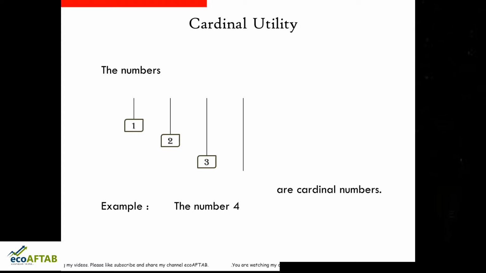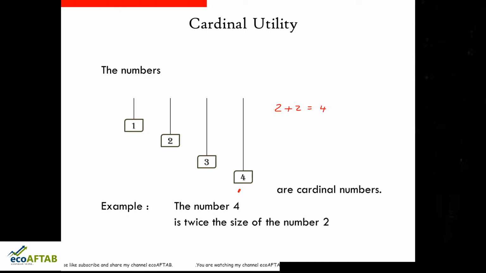The number 4 here is twice the size of the number 2. What does it mean? If I am speaking about 4, what is this 4? 2 plus 2 is 4. So what is 4? As I said, it is twice the size of number 2.